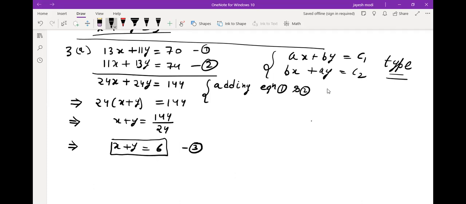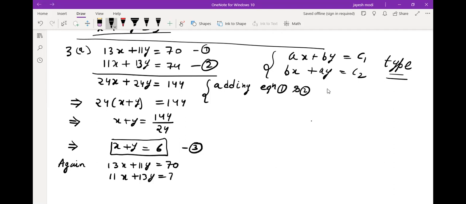Again we write both the equations and this time we will subtract the second equation from the first equation.